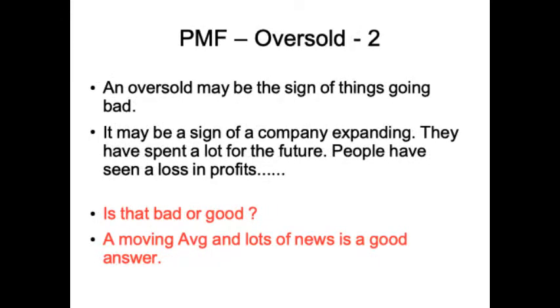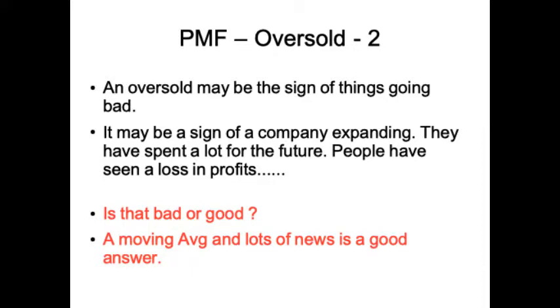If the company is stable with a fall in price, it could be a good opportunity for you. Okay, oversold, sorry. It might be the sign of things going bad, so you need to check all the background news. Yeah, use the indicators, but also do a lot of research on the news. It might be the sign of a company that has been investing all of its profits into expanding and has very promising plans for the future.